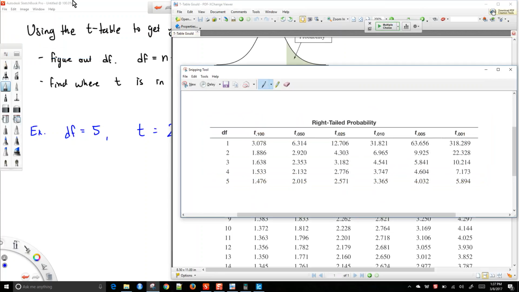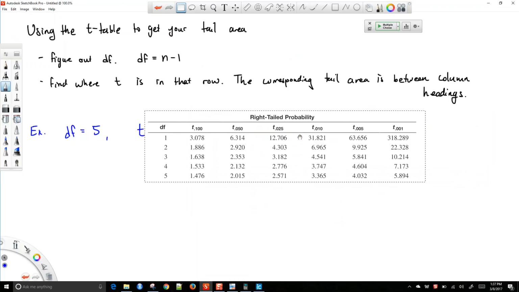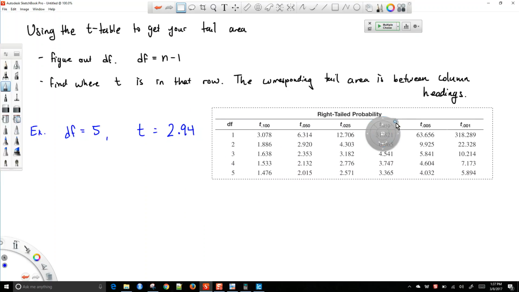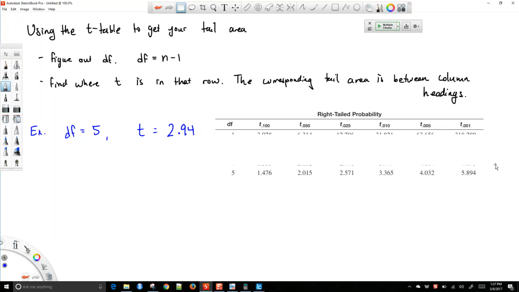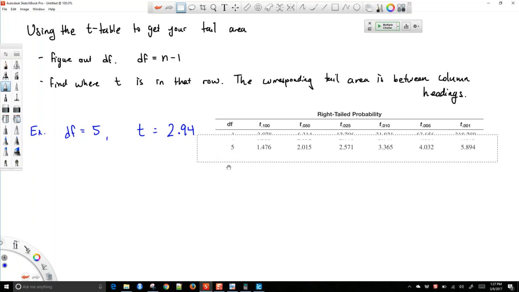So this is what I have. Okay, so the only row that matters is this row for 5 degrees of freedom. I can really just delete these other rows. Okay, so this is the only row that matters. 5 degrees of freedom.